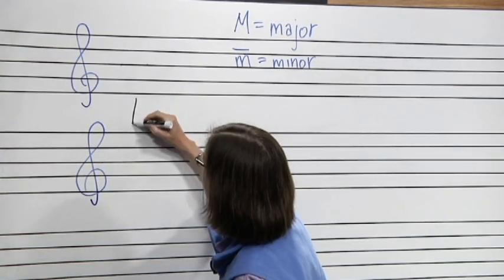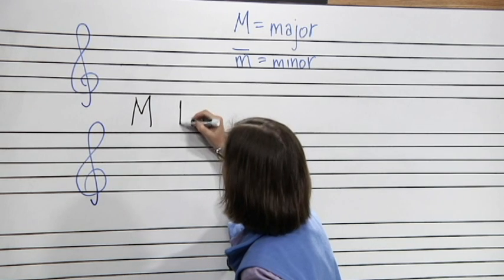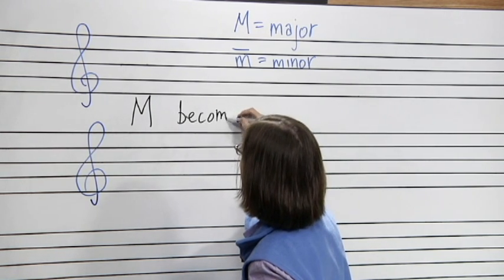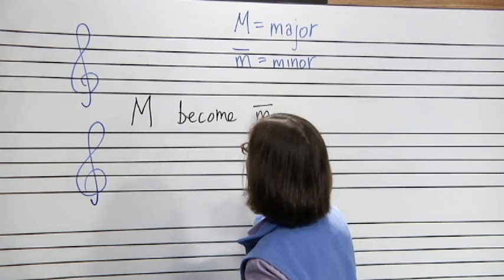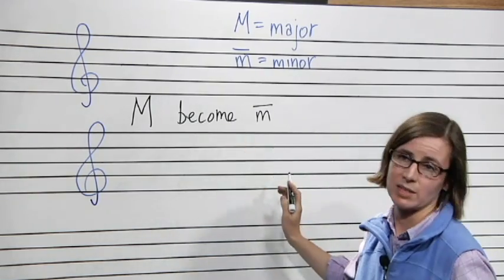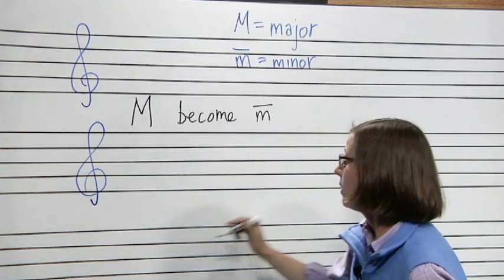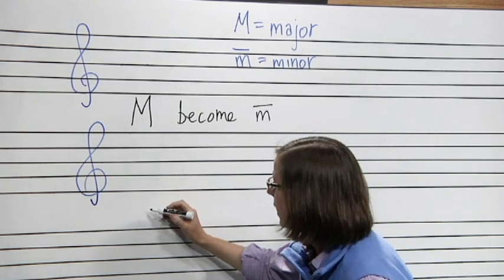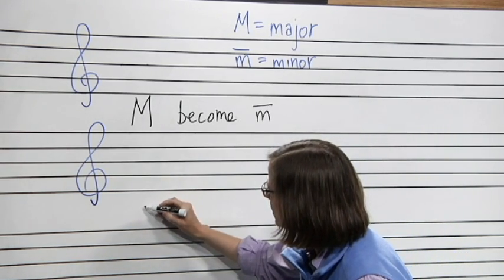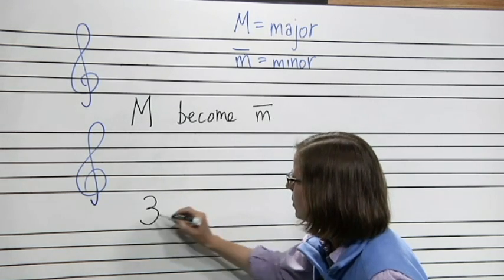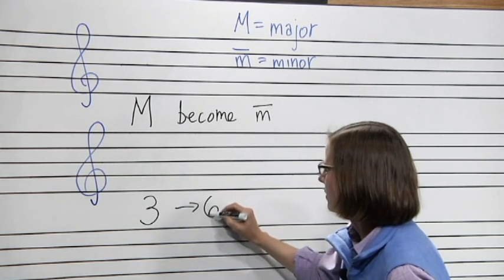If we have major, it's going to become minor. And then there was something else that we can summarize up here too. This, of course, is also the opposite way. If we look at that number, we had a third, and it turned into a sixth.